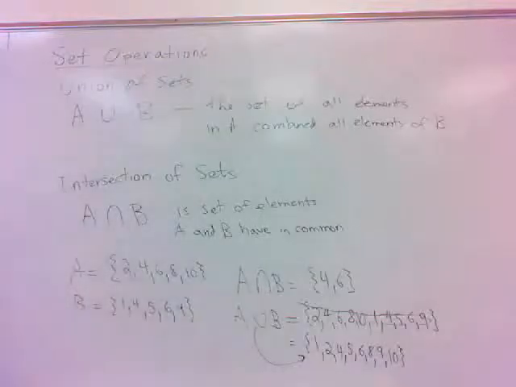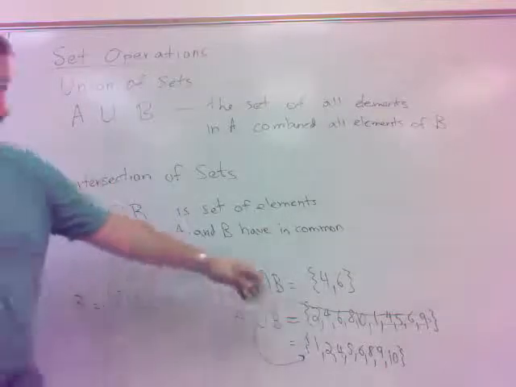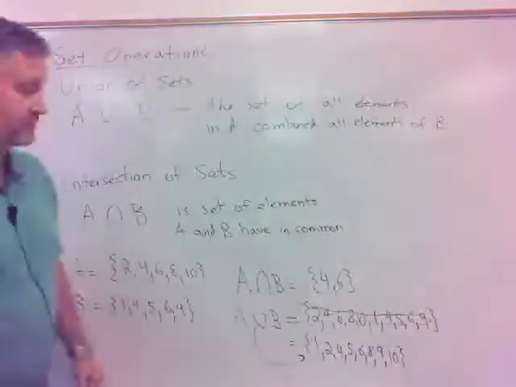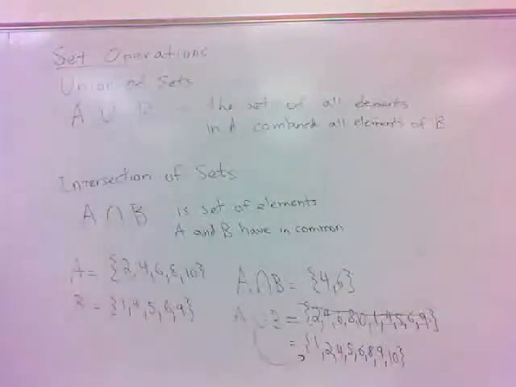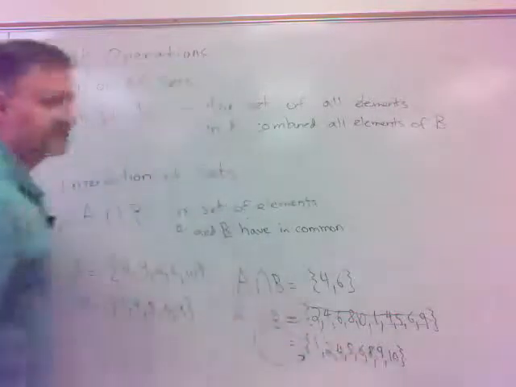I'm just putting everything together. I can write them in order, and I don't have to do the repeats. I have 4 and 6 there twice, so I don't want to repeat those. It doesn't make it wrong, but no need to write them twice. So A union B is 1, 2, 4, 5, 6, 8, 9, and 10.